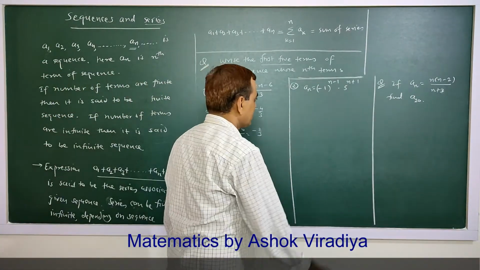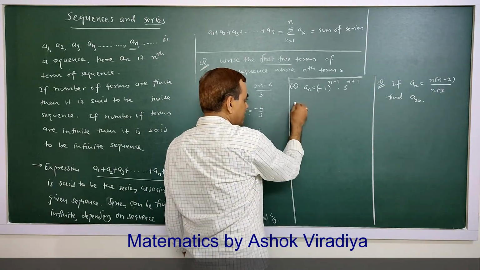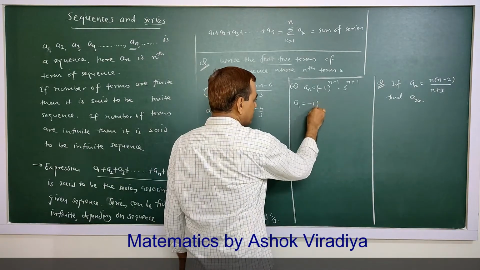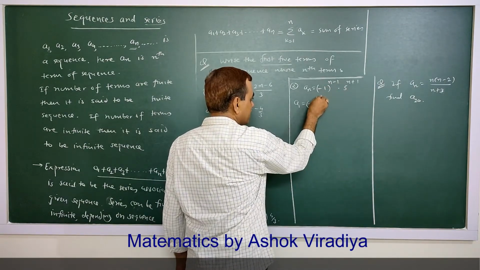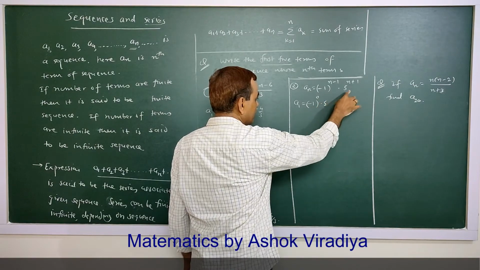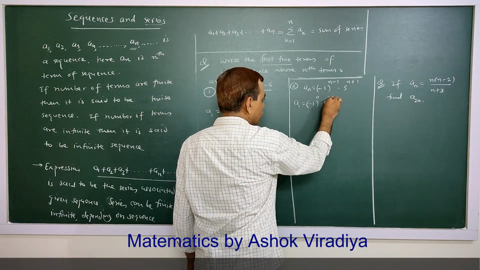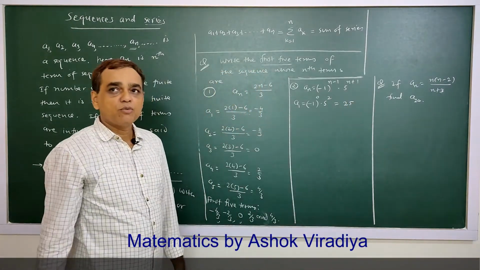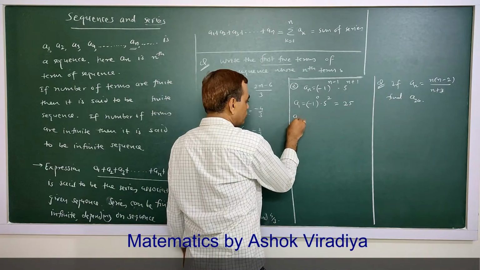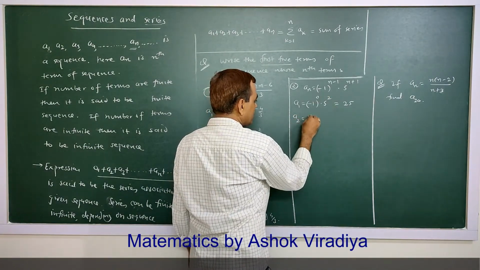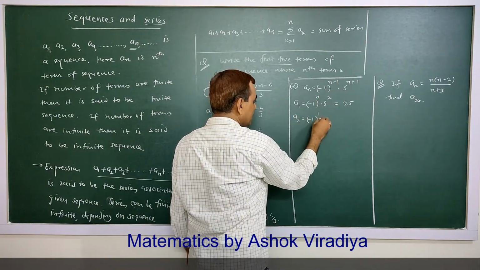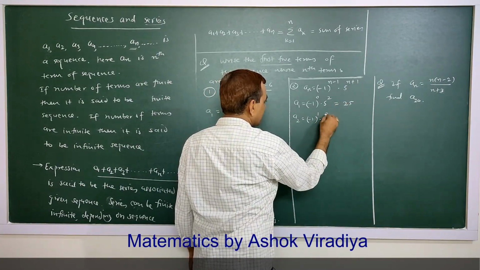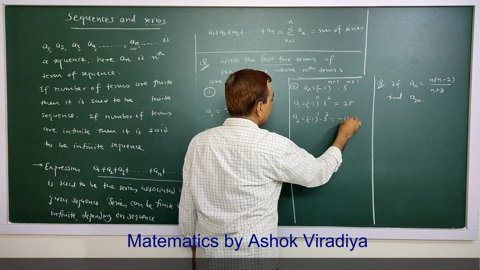Now in this question, if this is the nth term, then putting n equal to 1: minus 1 raised to 1 minus 1 is 0, 5 raised to 1 plus 1 is 2, so this is 25. Putting n equal to 2: minus 1 raised to 2 minus 1 is 1, 5 raised to 2 plus 1 is 3, so it is minus 125.